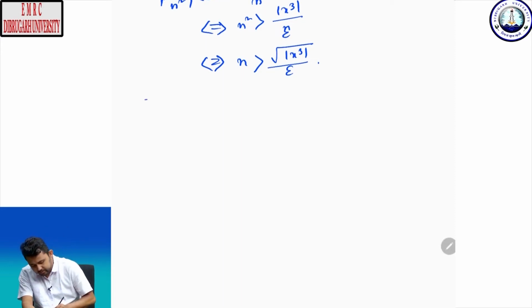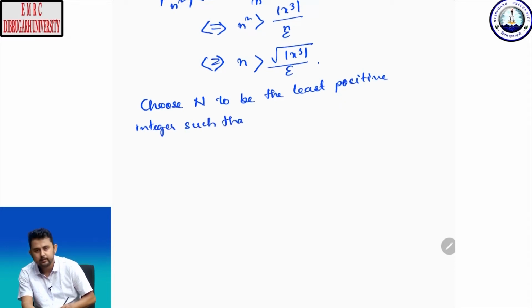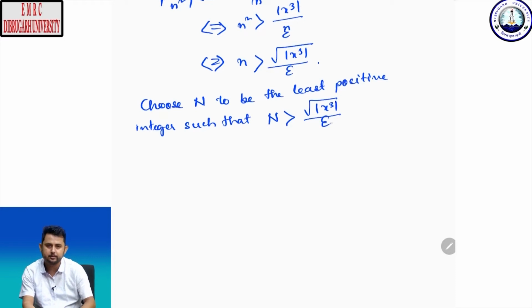Now, we choose N to be the least positive integer such that capital N is greater than root over mod x cube by epsilon.